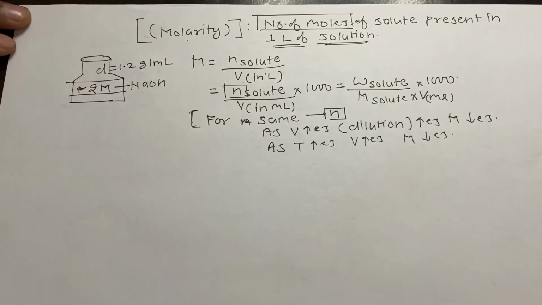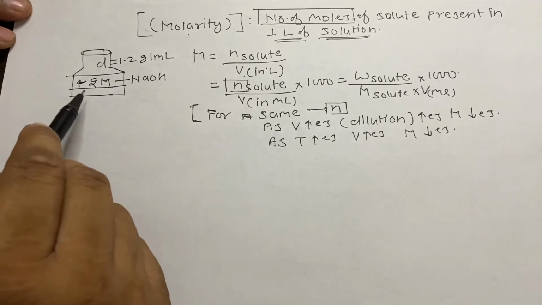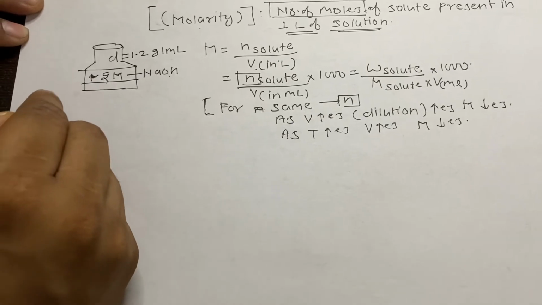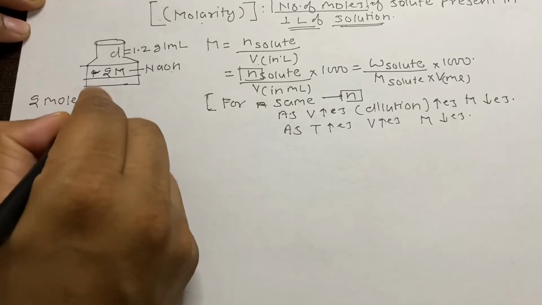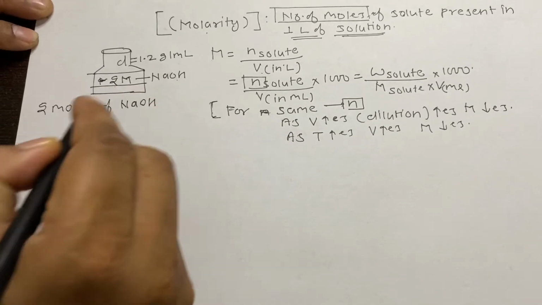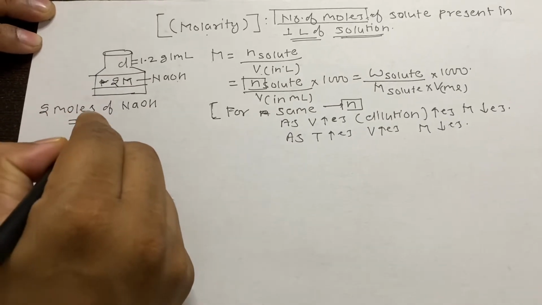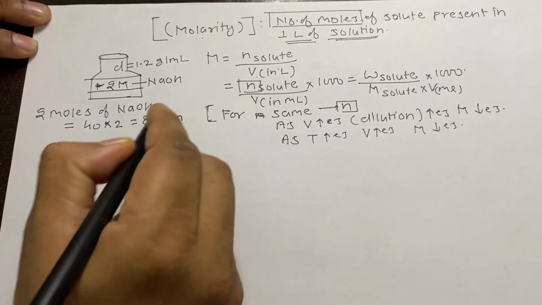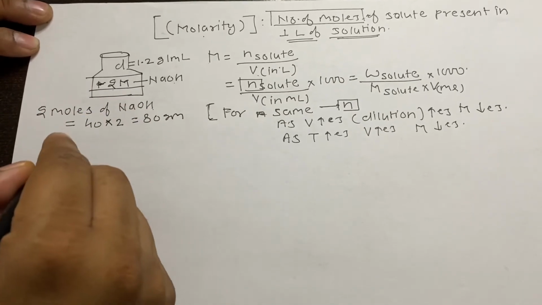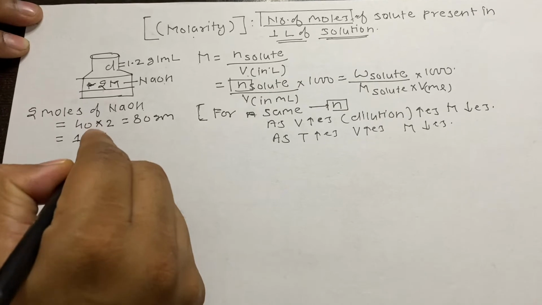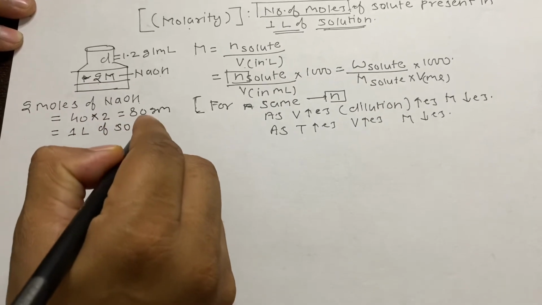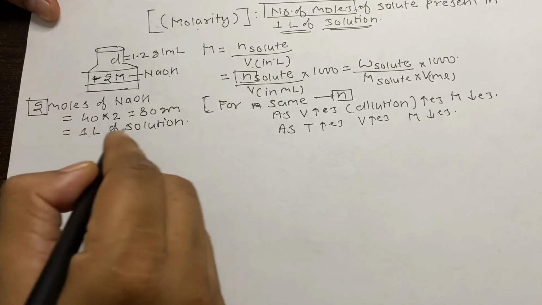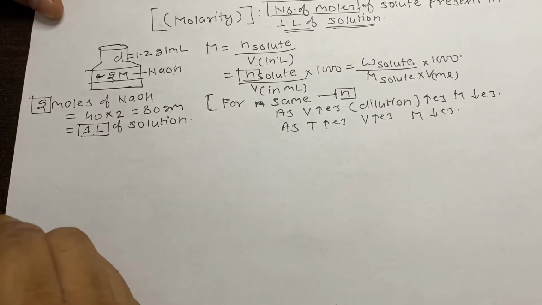How will we decode this concentration term? 2 M NaOH means 2 moles of NaOH, which equals 40 into 2, which is 80 gram. So 2 moles of NaOH are present in 1 liter of solution. The moles of solute is 2 and the volume of solution is 1 liter, that is, 1000 ml.